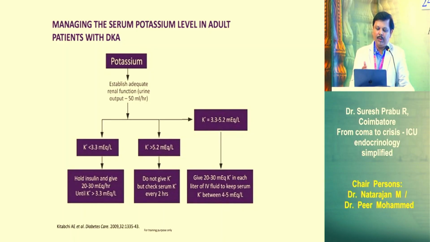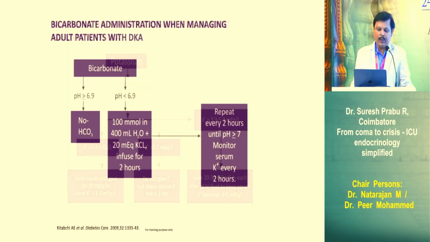If the potassium is 3.3 to 5.2, give at least 20 to 30 milliequivalents of potassium in each pint of normal saline. If the potassium is less than 3.3, hold the insulin, correct the potassium, and then start the insulin afterwards. If the potassium is above 5.2, monitor serially and, depending upon the renal function, we can correct that.